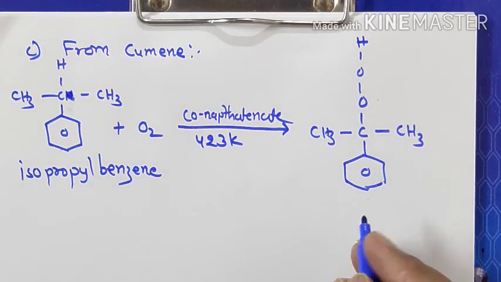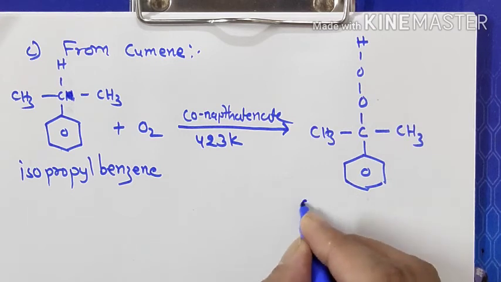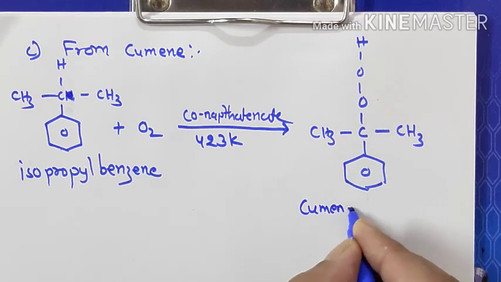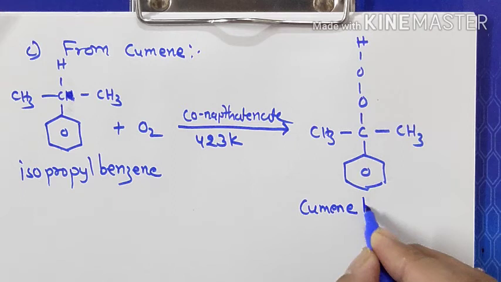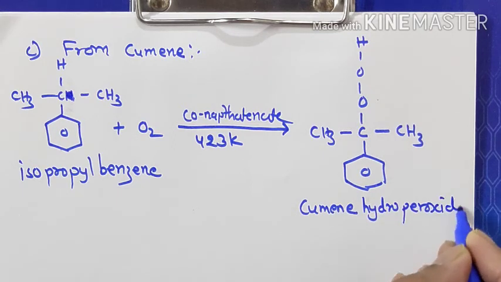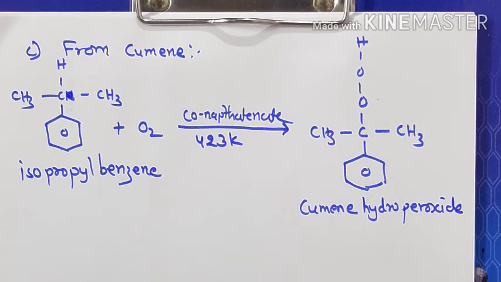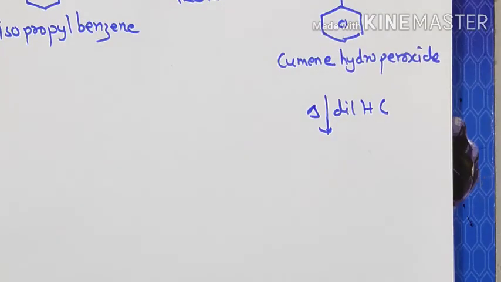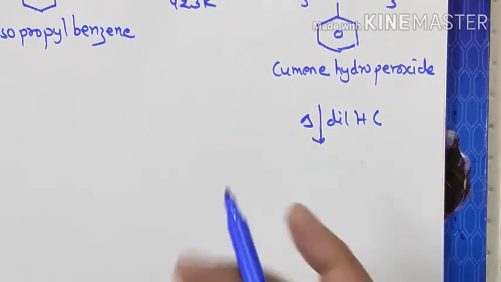This is called cumene hydroperoxide. Right, now this is treated with dilute HCl. Okay, and we heat this. So the product now will be what?